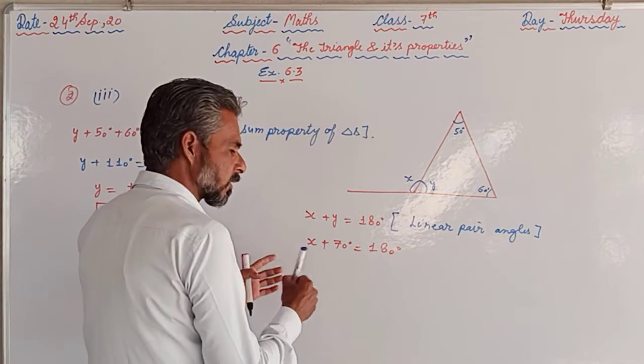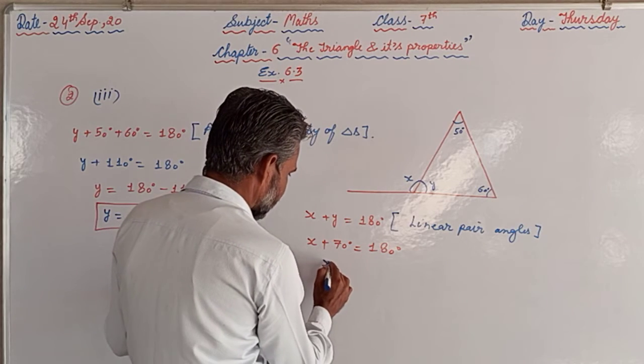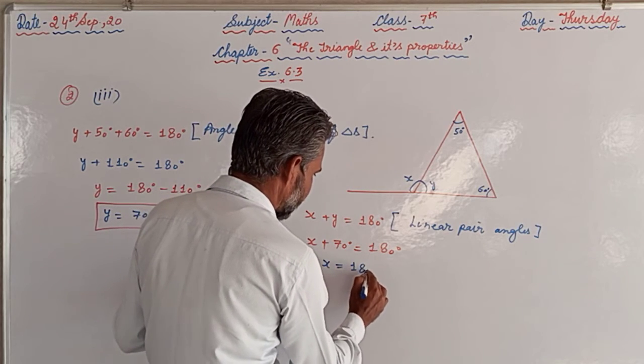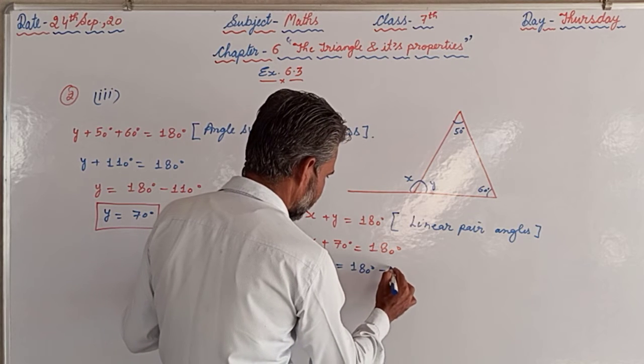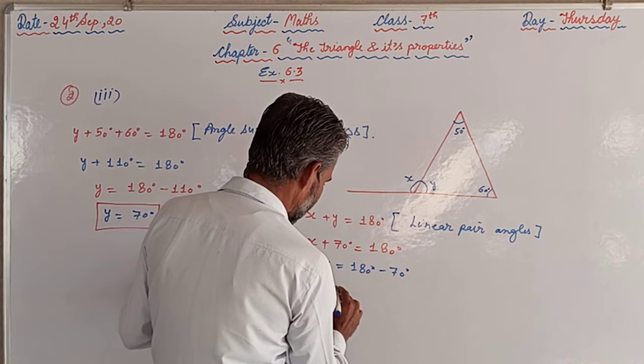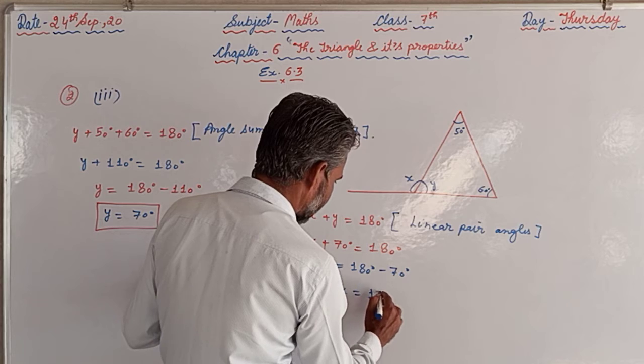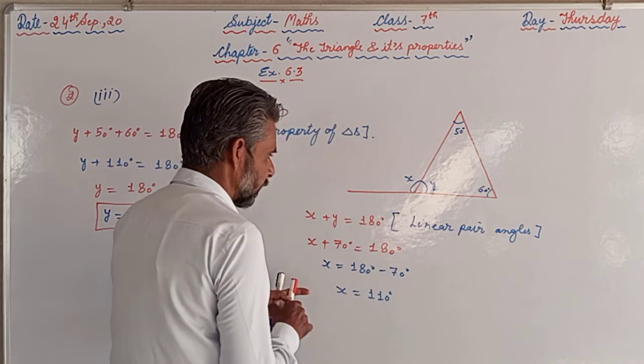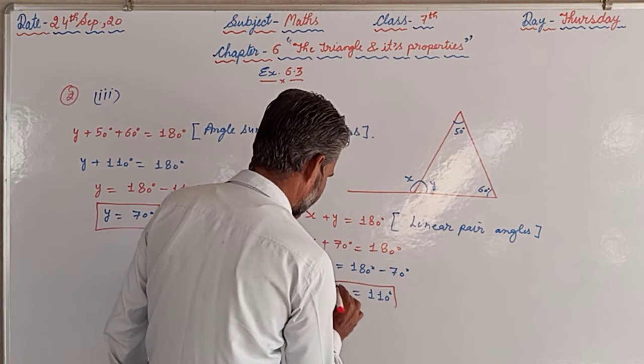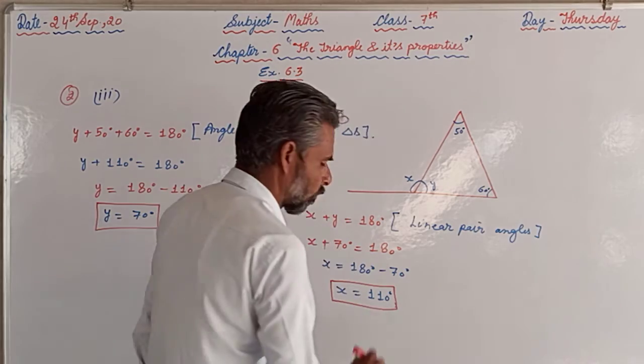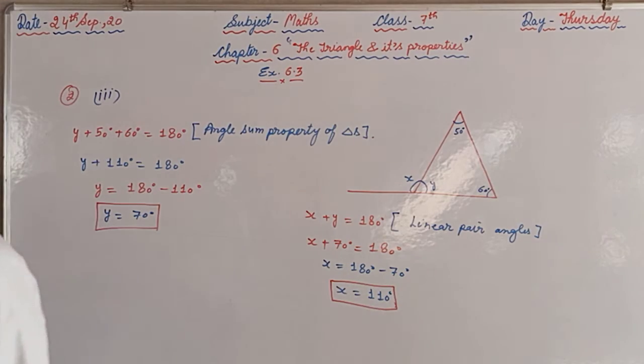Again we got the simple equation. Now we will solve for x, that is 180 degree, and that will become minus 70, and the value of x will be 110 degrees. Like this we are supposed to proceed the questions of this exercise.